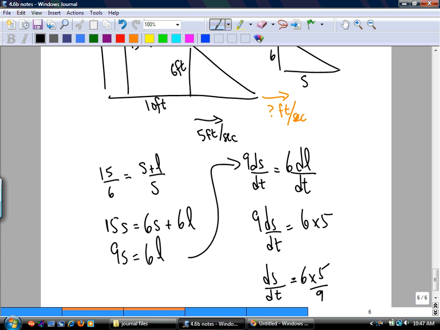It's one of those so counterintuitive things. For me, it was totally counterintuitive. Your shadow's going to be longer, but it's going to increase at a constant rate depending only on how fast you're walking, not how far you are from the light. I think that's cool.